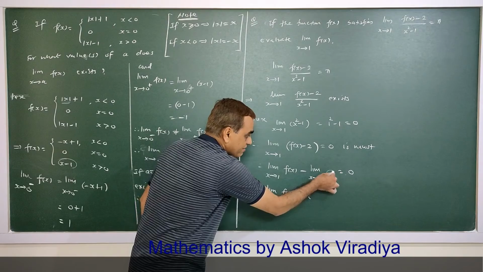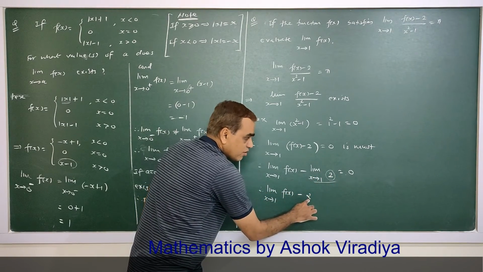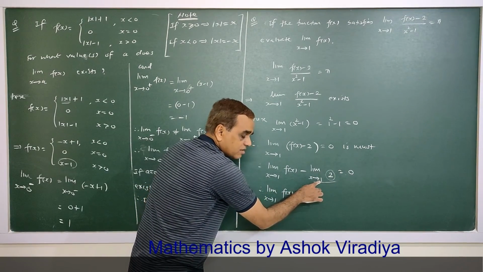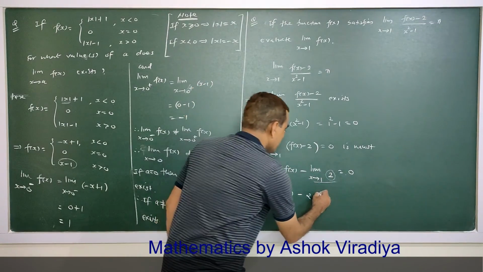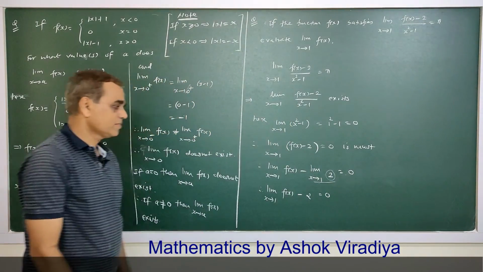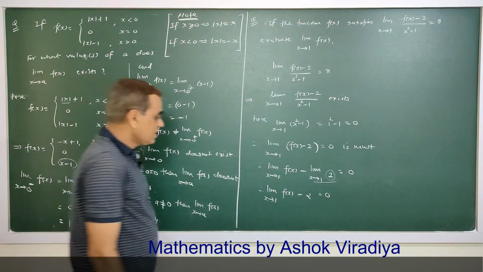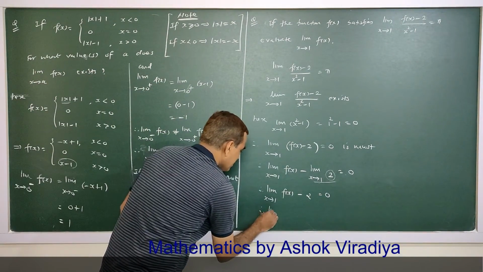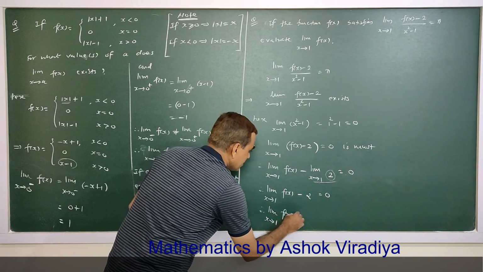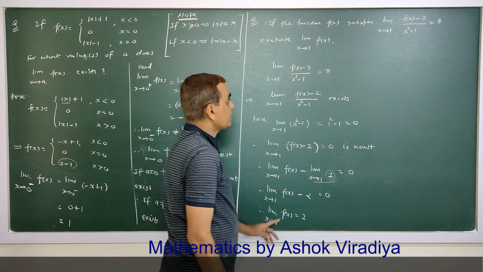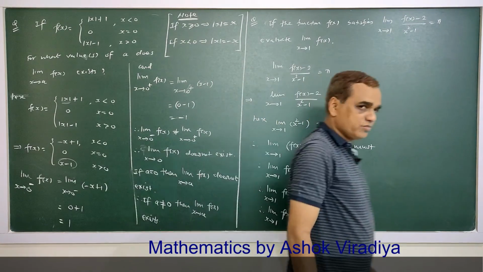If here you are given a constant, keep it as it is. Whatever number is here, the limit doesn't depend on this number if this is constant, equal to 0. Now minus 2, take on that side. So the limit of f(x) as x tends to 1 is plus 2. So that is the required value.